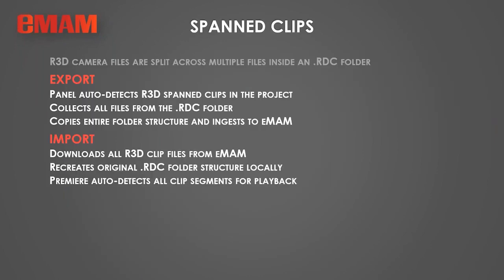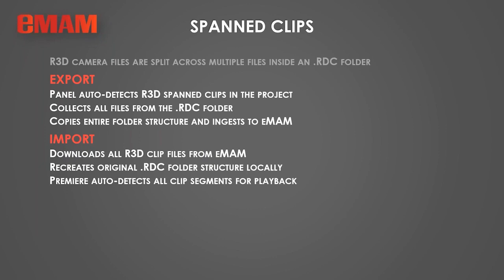Next, look at span camera clips handling using the panel. Many professional camera formats, especially RED cameras, split recordings across multiple files inside RDC folders. Missing segments could result in incomplete media after project transfer. The panel now detects R3D span clips automatically during export.